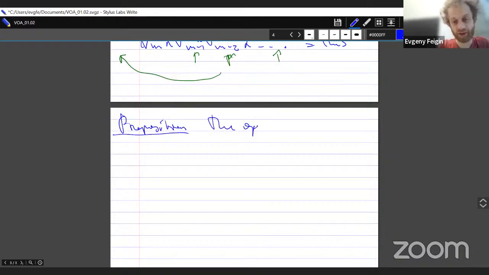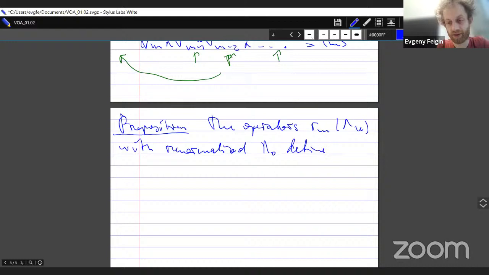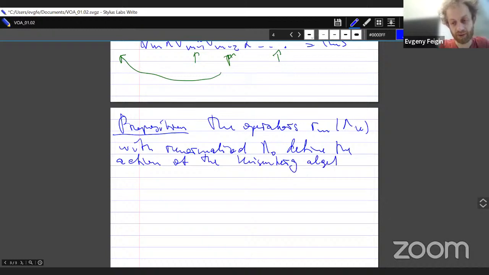The operators a_m of lambda k with renormalized lambda naught define the action of the Heisenberg algebra on F. And let me also say that F_m is isomorphic to pi_m, which is the Fock module.